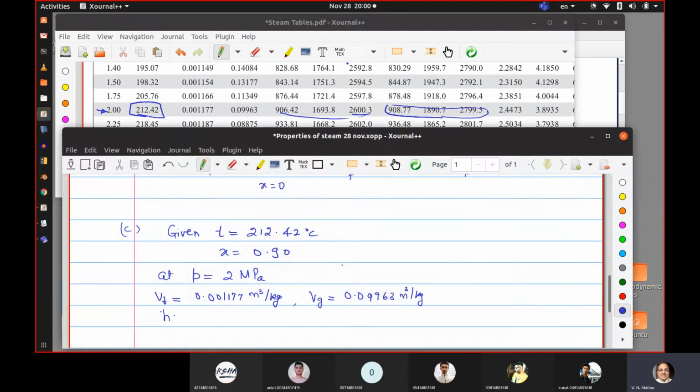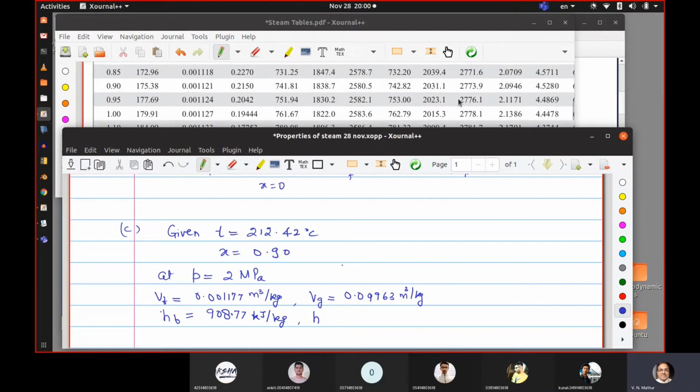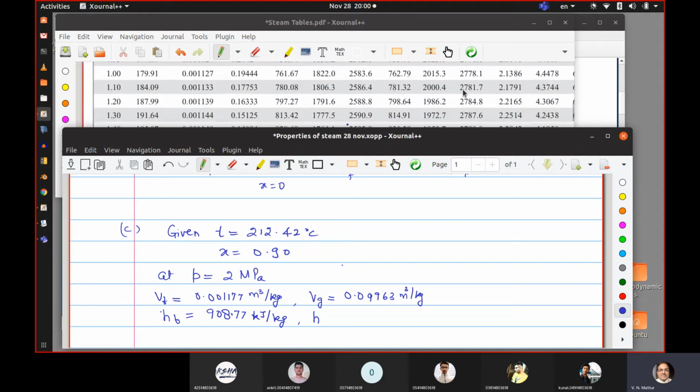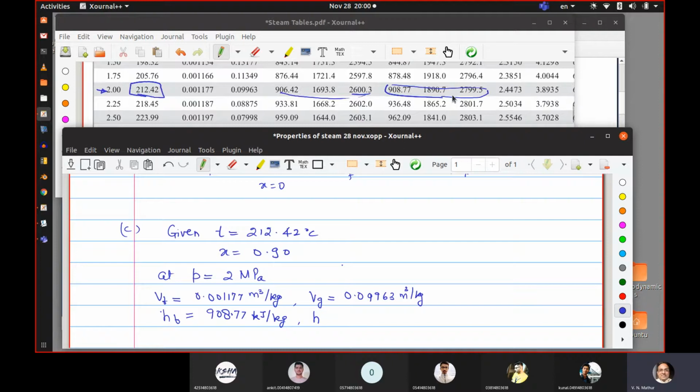So enthalpy HF is equal to 908.77 kilojoule per kg. And either you can use Hg, or if Hfg is given, then we can directly use HFG. So the second column is HFG. It's the difference between Hg and HF.